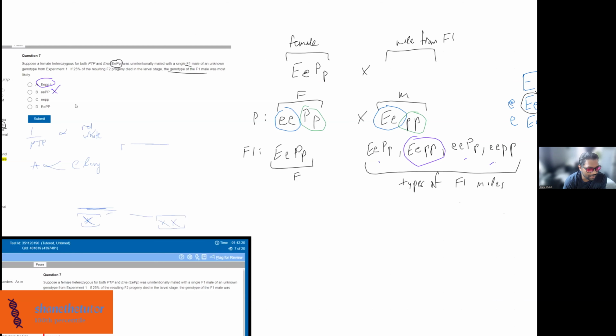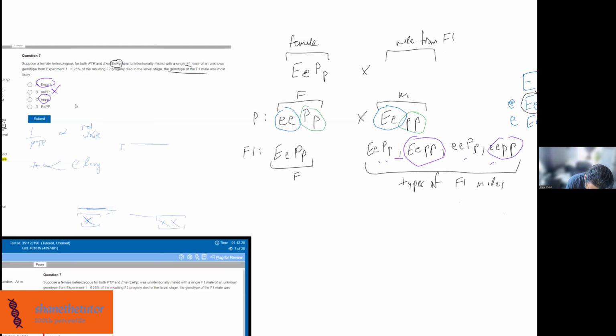Okay, next one is C, little p, little p. Do we have that? Yes, we do. So that can be a possibility as well. Lastly, we have big E, big P. All right. Do we have that in our F1 males? We do not. So that one's out.